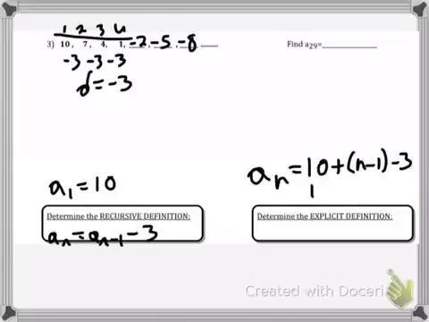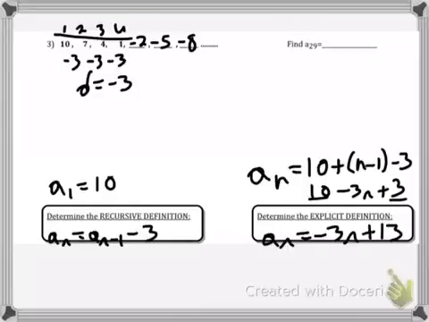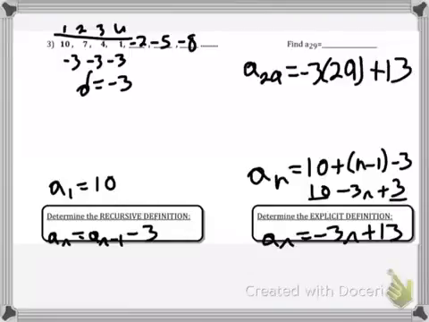So it'll be 10 minus 3n plus 3. Combine your like terms. a sub n equals negative 3n plus 13. So let's find the 29th term. a sub 29 equals negative 3 times 29 plus 13.